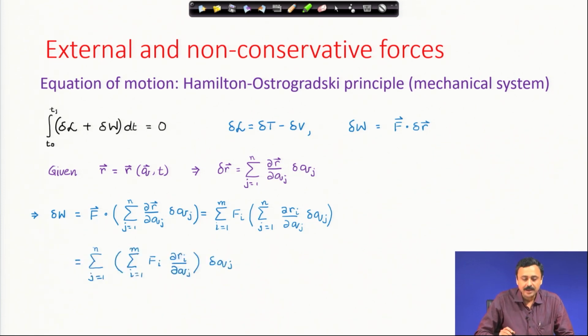Now, I can interchange the summation and write the force and the partial derivatives of the physical coordinates with the generalized coordinates. This bracketed quantity which I have written as capital Q j, these are what are known as generalized forces.